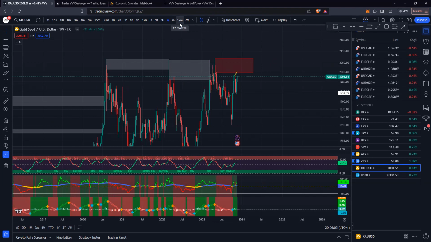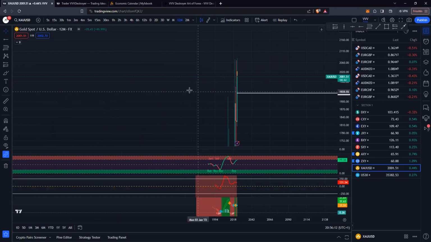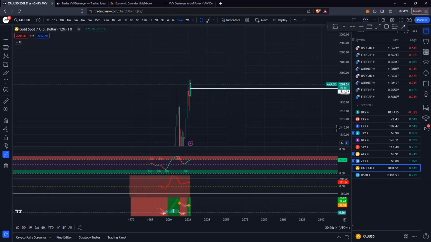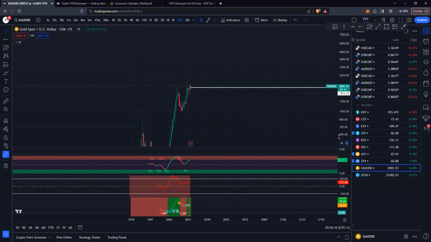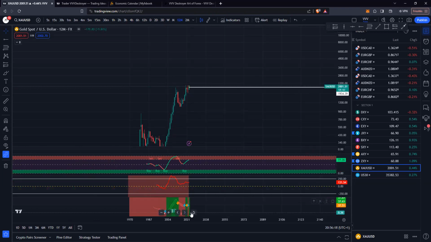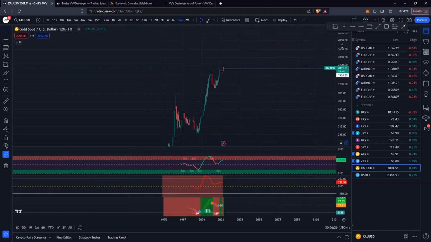Because I've repeated this loads of times, there is something about to happen on the bigger picture. Yes, we are above the zero line, that's sure, but this kind of divergence we didn't see in the past 50 years.